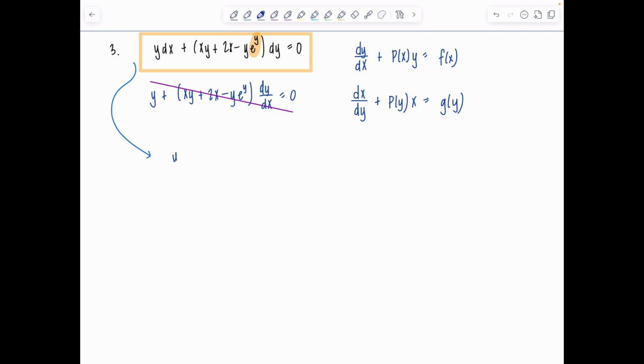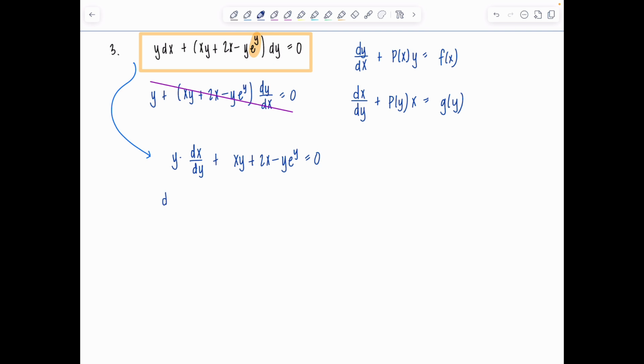So I have y times dx dy plus xy plus 2x minus y e to the y equals 0. Okay, I'm going to want to divide by y. And then also keep all the terms that have x over here. Move this guy over there.